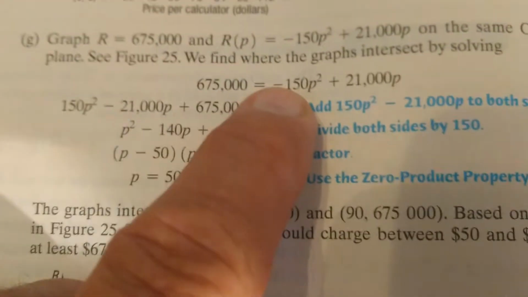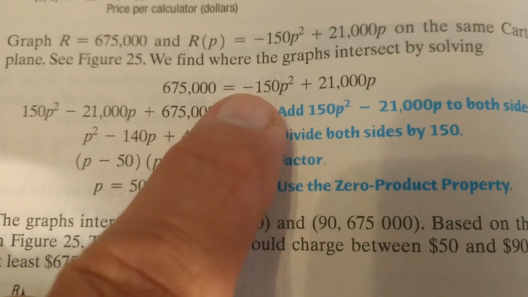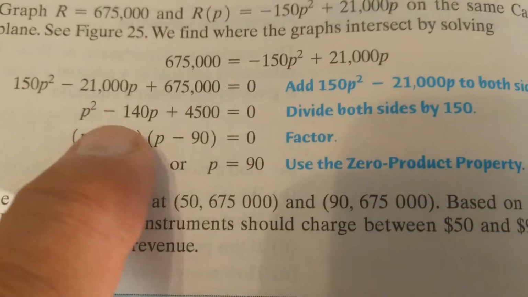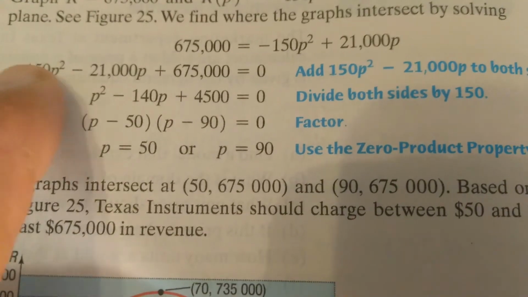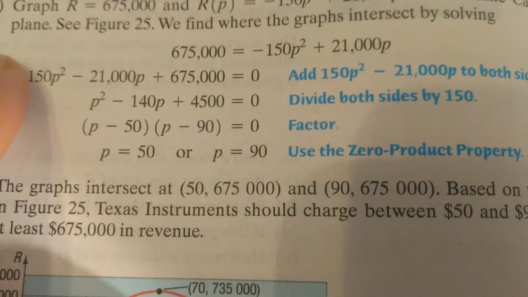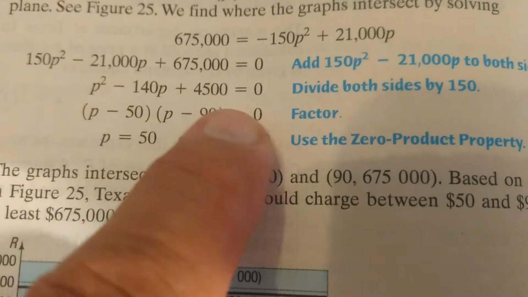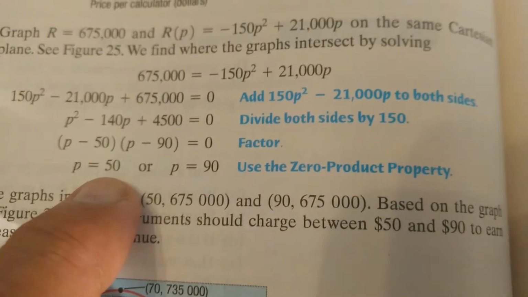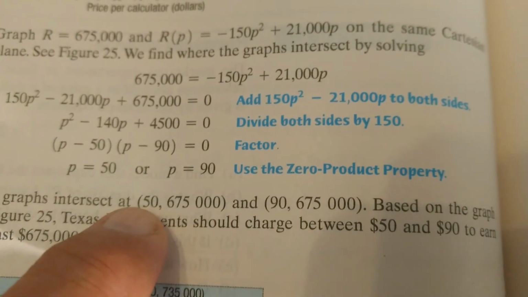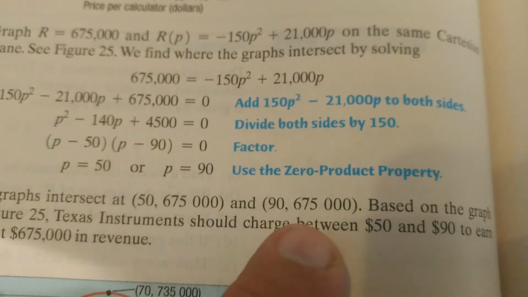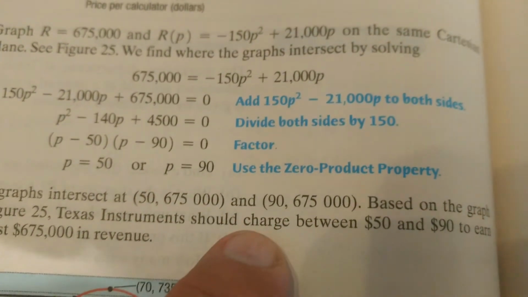The reason we add this over is because in a trinomial we always want the square term to be positive. Then we can factor out 150. This factors into this, and if we substitute these values in, we can see that we can charge a minimum price of 50 or a maximum price of 90 to get a revenue of 675,000.